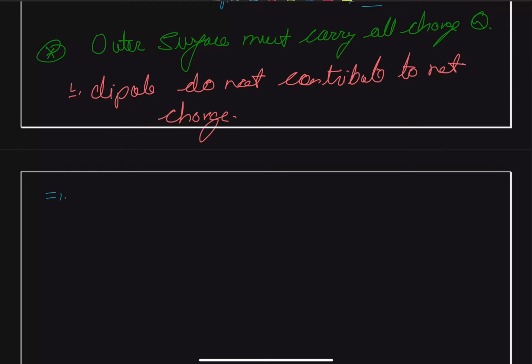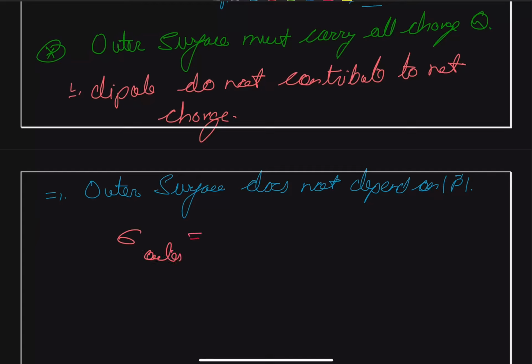Then we can say that the outer surface does not depend on P, or we can simply write that the charge density at the outer surface depends only on q and 4 pi b square, and this will be uniform.